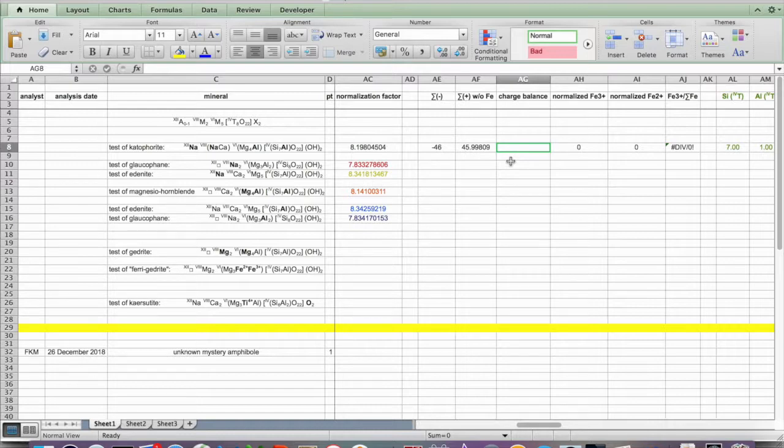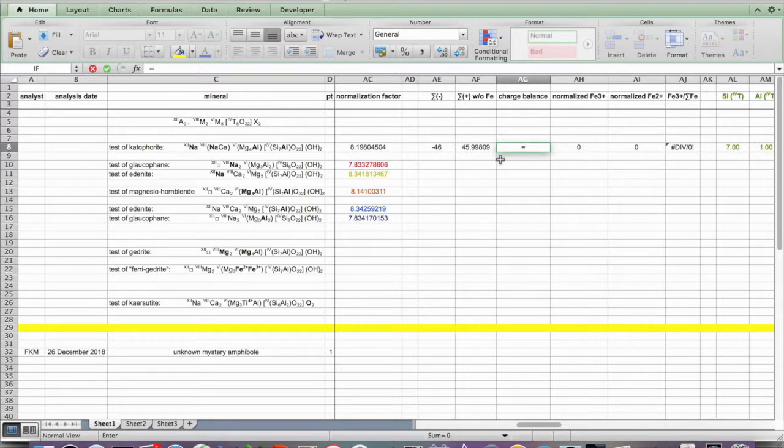And there could be a number of reasons for that. It could be that you have a charge of an element that's incorrect. You're missing some elements. It could be that you have the wrong mineral. Perhaps you think you're normalizing an amphibole, but in reality, the mineral is really a pyroxene or something. So there are a number of reasons why there could be something amiss there, but it's something to keep in mind.